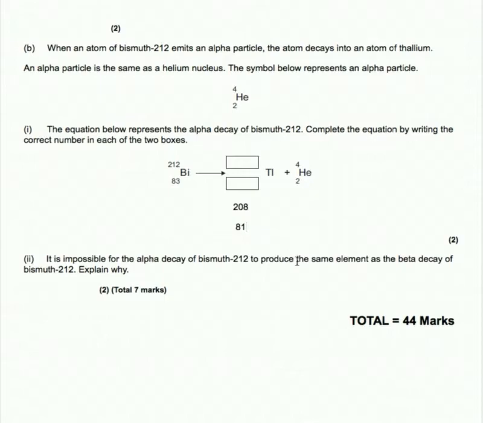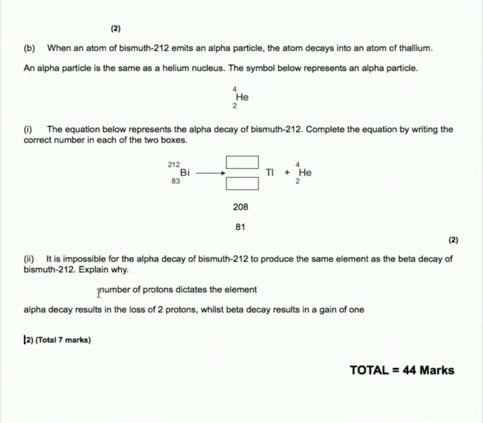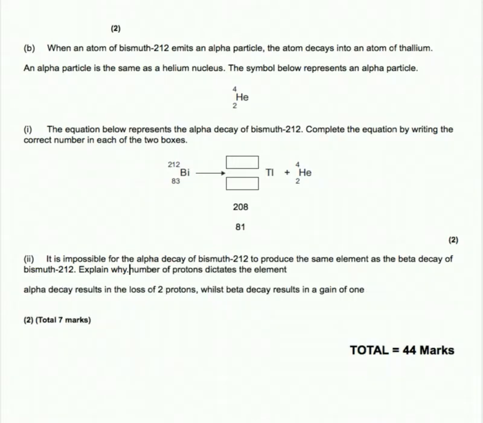It is impossible for the alpha decay of bismuth 212 to produce the same element as the beta decay of bismuth 212. Well, the explanation is, of course, that the number of protons, or the atomic number, is what dictates the element.